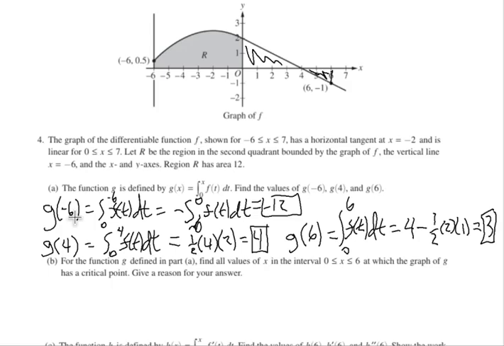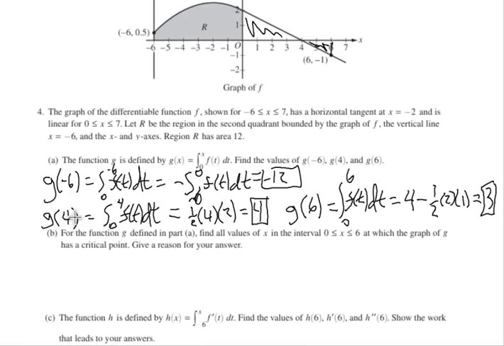Okay, so for part B, for the function g defined in part A, find all values of x in the interval for which the graph of g has a critical point. Give a reason for your answer. Well, a critical point occurs when g prime of x equals 0.